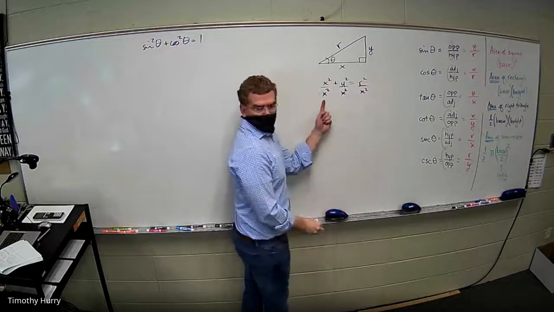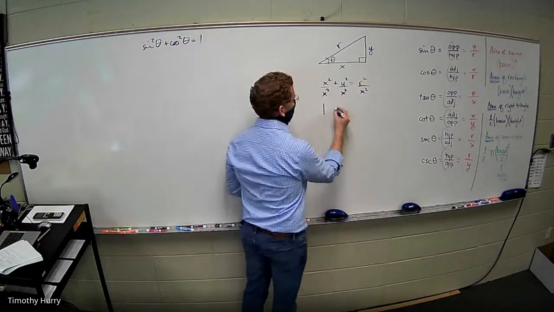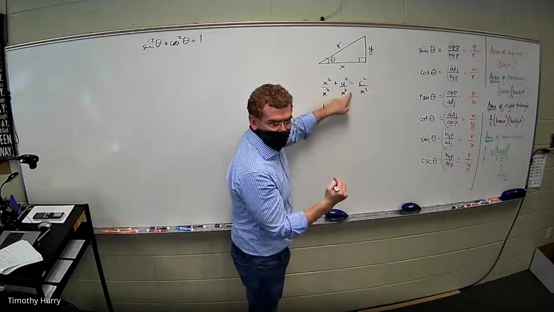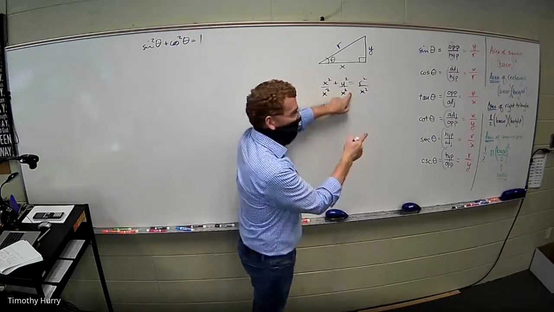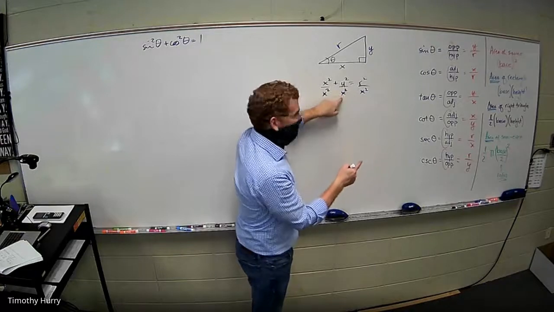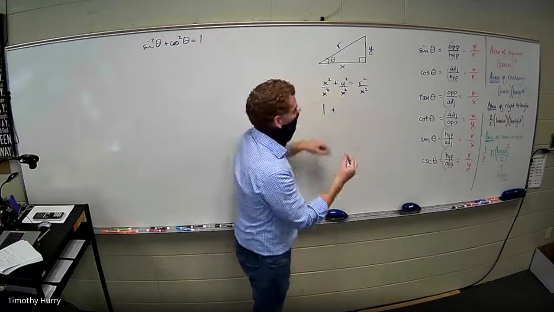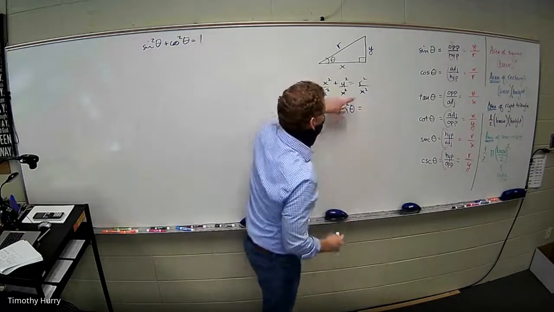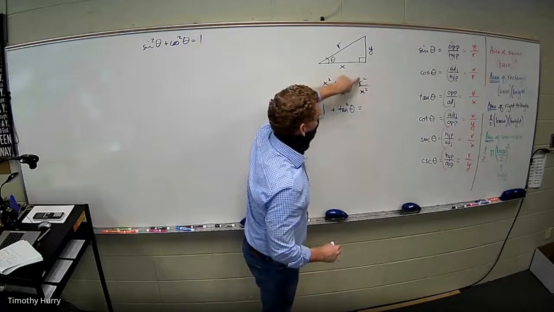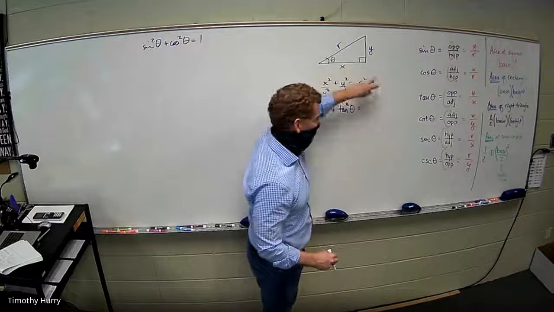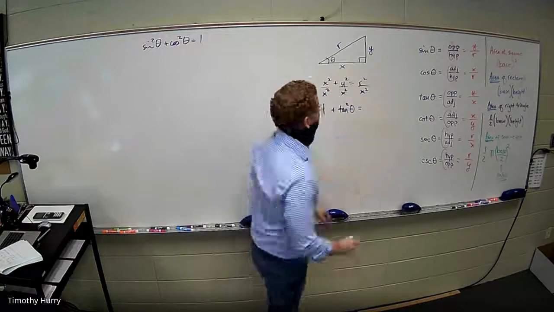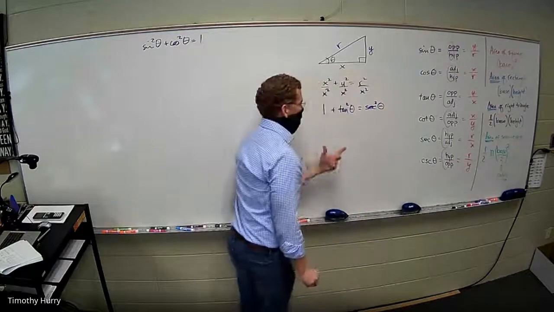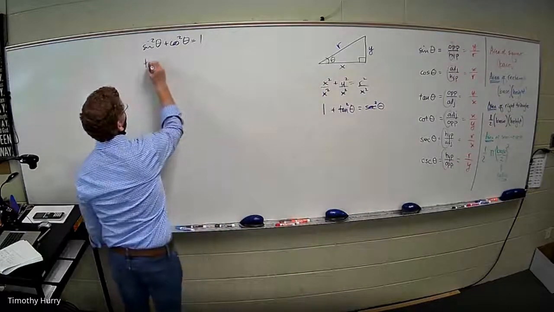Now what do I get here? 1. And isn't y squared over x squared the same thing as y over x squared? What's y over x? So this is tangent squared of theta. Isn't r squared over x squared the same thing as r over x squared? What's r over x? Secant squared. Second Pythagorean identity.